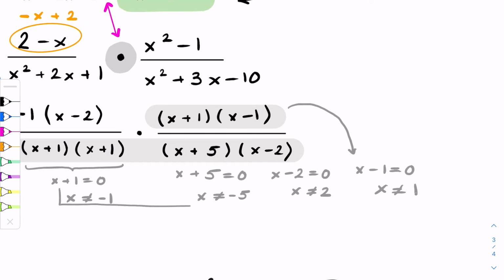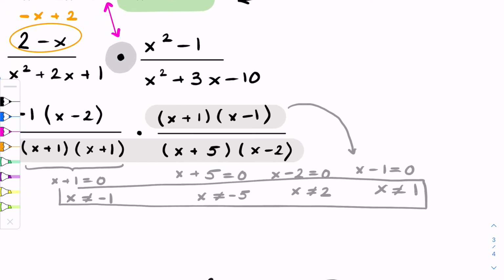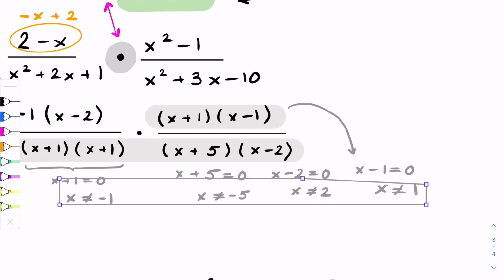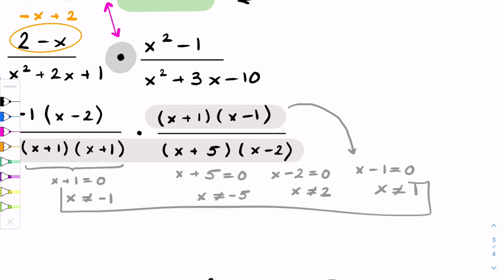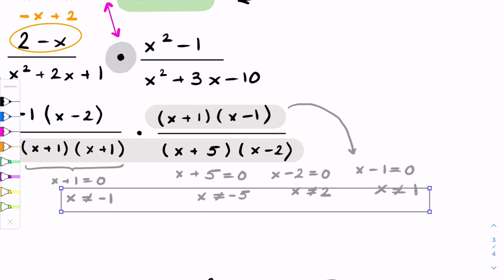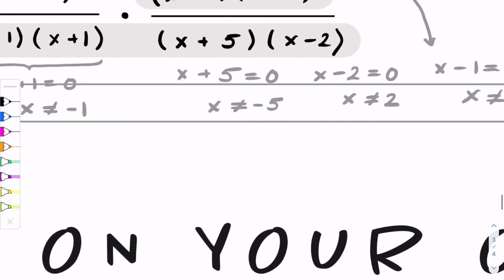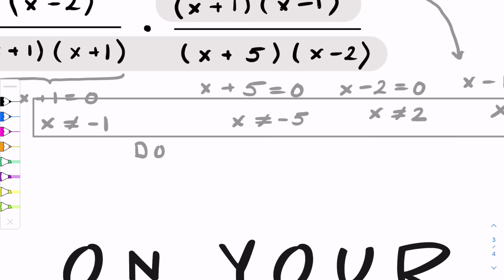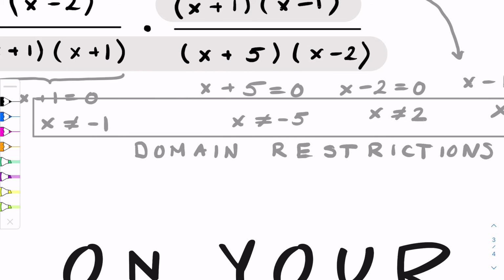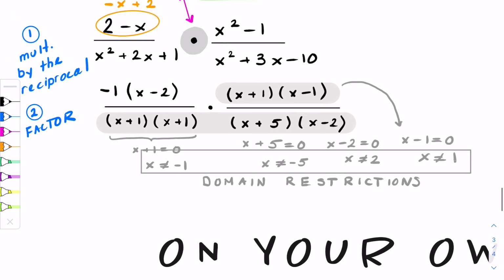So these four values are my domain restrictions, also called excluded values. That would be step 3.